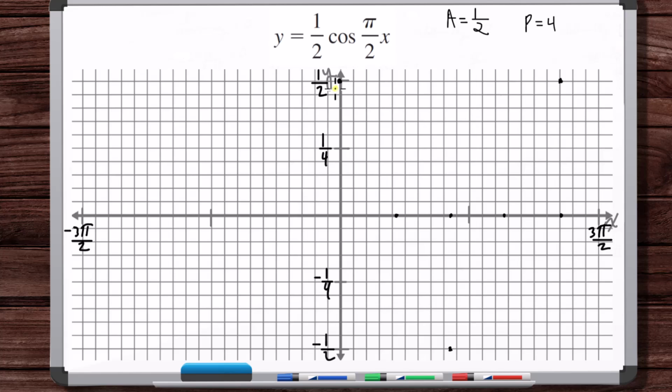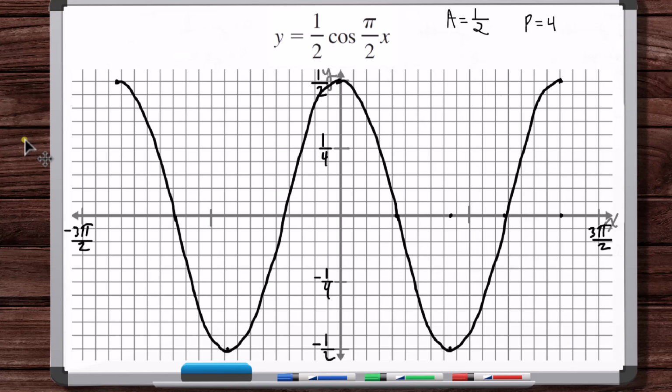Okay. All right. And there we go. Frequency is 1 over the period. Angular frequency is 2 pi over the period. It's pi over 2.